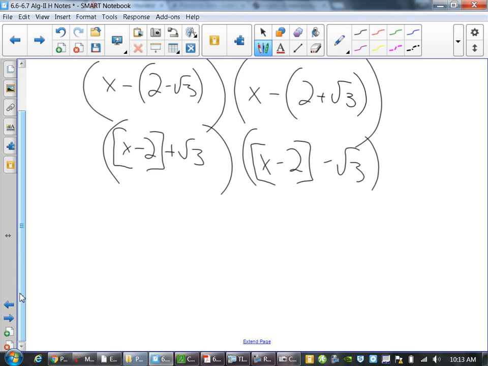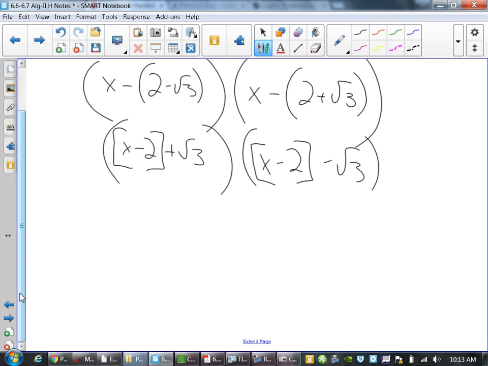So if the 0 is 2 minus root 3, that means the term is x minus 2 minus root 3, and the other is x minus 2 plus root 3. It's the same idea. If the 0 was negative 2, you knew it was x minus the negative 2, and you would just write it as plus 2. You're doing the same thing. It just looks different, that's all.